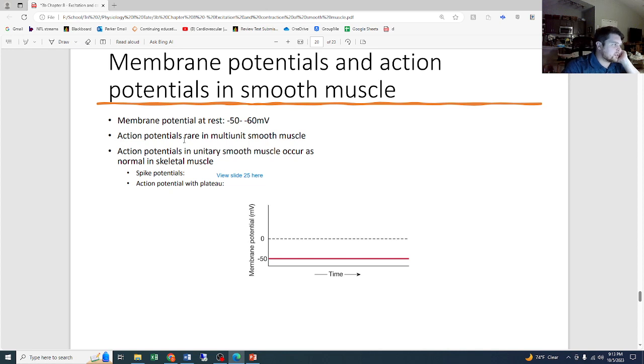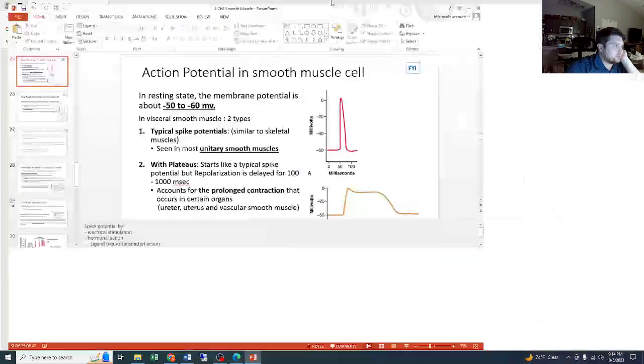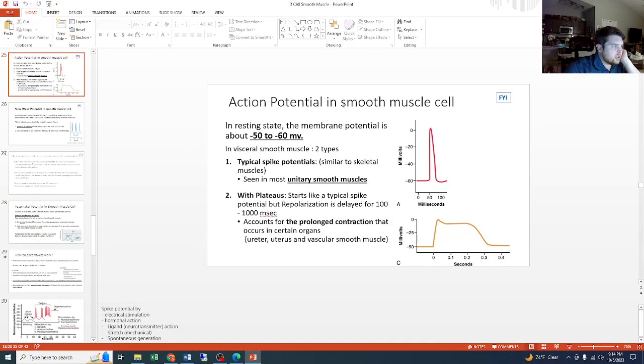Action potentials are rare in multi-unit smooth muscle, and the action potentials in the unitary smooth muscle occur as they do in skeletal muscle. So we have two types of action potentials: spike potentials, and action potentials with plateau.